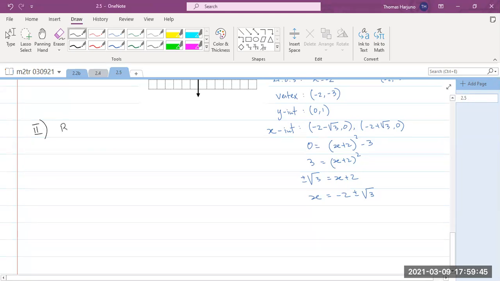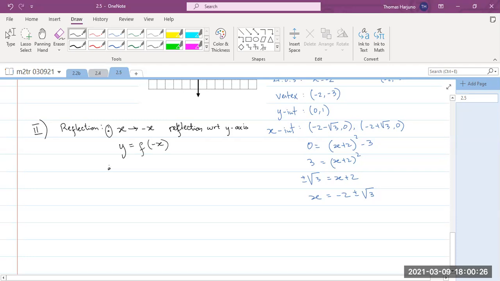reflection. We have learned before, if we replace x becomes -x, that's reflection with respect to y-axis. So y equals f(-x), that's reflection with respect to y-axis.